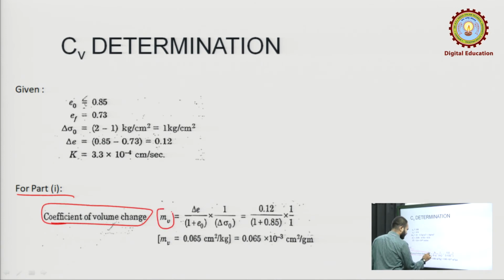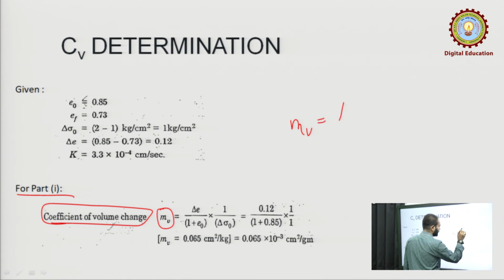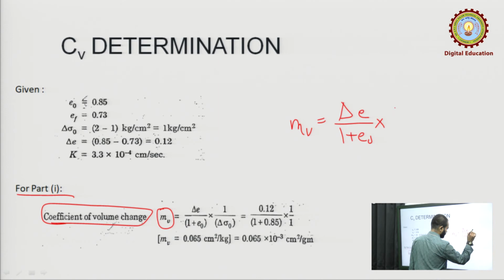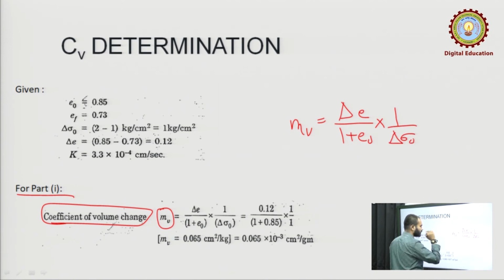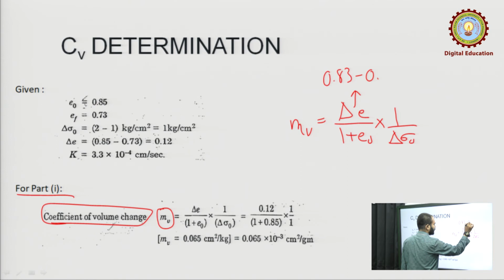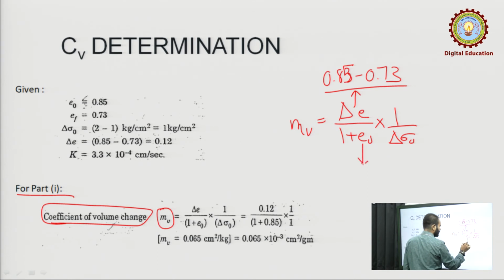Find the value of MV. What was the formula for MV? Delta E upon 1 plus E naught into 1 upon delta sigma naught or delta sigma only. This we have already discussed just now: 0.85 minus 0.73. And E naught is obviously 0.85.